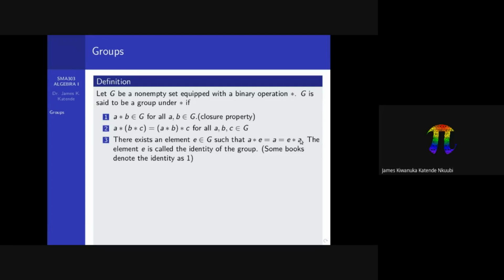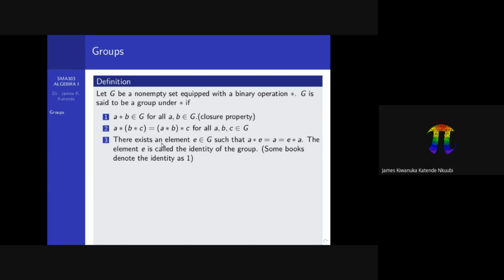Any element A you pick in the group will satisfy this property. It will remain unchanged under this operation. A star E will be equal to A. And this identity element will work on both the right and also on the left. It doesn't matter which side you multiply it, it still leaves the element of the group unchanged.